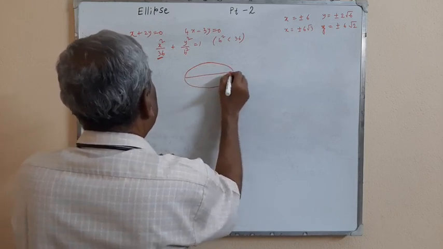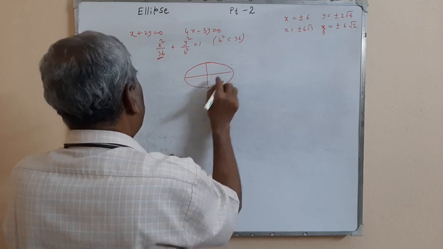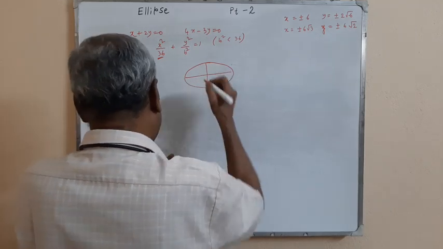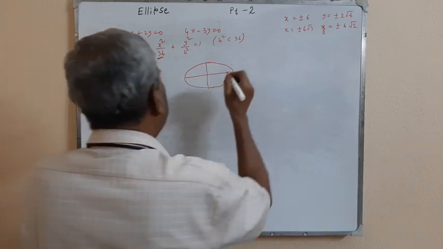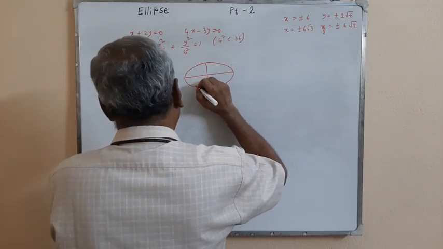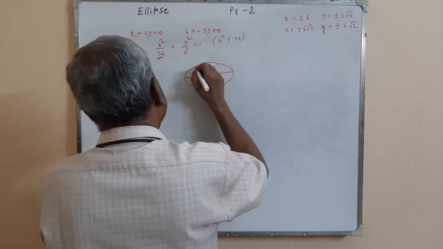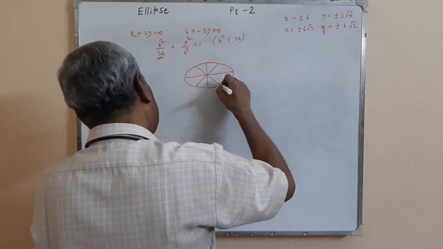Suppose this is the ellipse, with the major axis and minor axis. Any chord passing through the center is a diameter. So this is a diameter, this is another diameter.